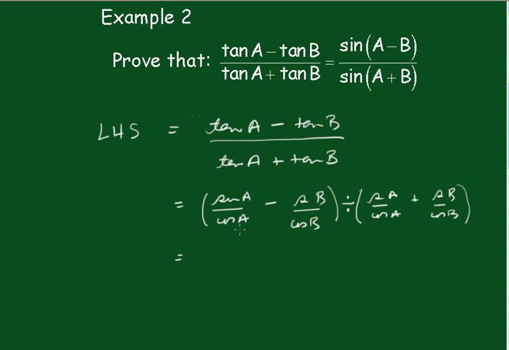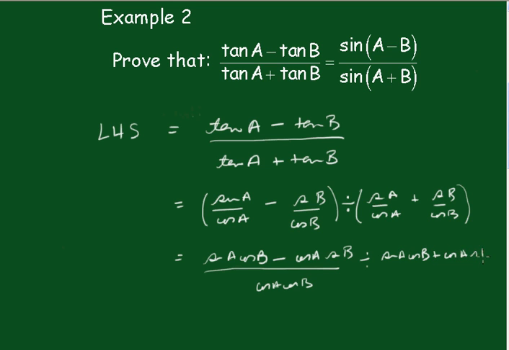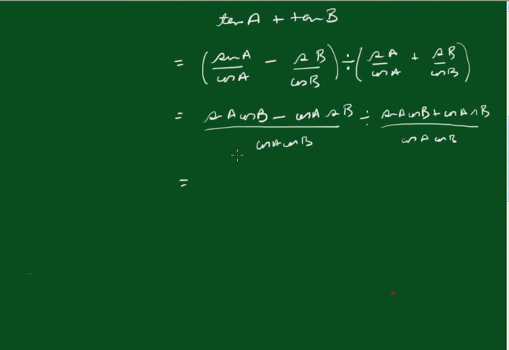Okay, now this becomes a common denominator of cos A cos B, that is sine A cos B minus cos A sine B all over cos A cos B, divided by sine of A cos of B plus the cos of A sine of B all over the cos of A cos of B. And of course the numerator here is just the sine of A minus B over the cos of A cos of B. We'll turn this upside down.